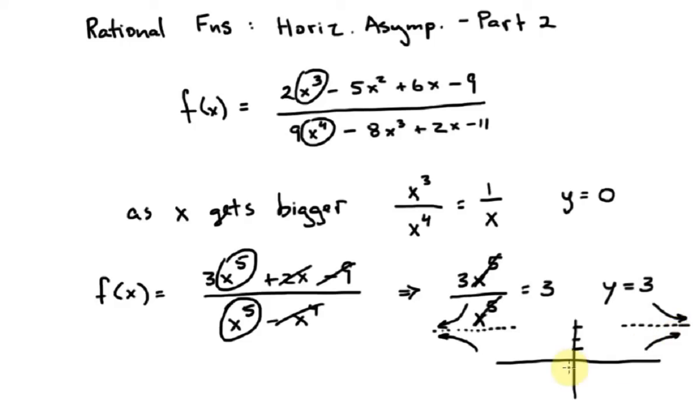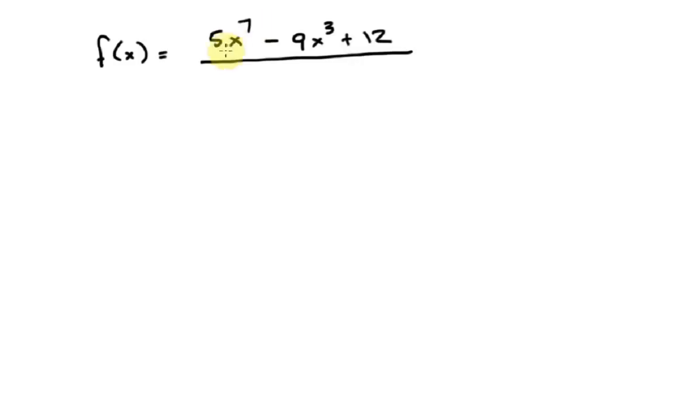Let's just do one more and then we're probably good with horizontal asymptotes. So let's look at a function that might have something like this. Maybe we've got 5x to the 7 minus 9x cubed plus 12. And again, we don't really care. The moment we determine that's what's dominating, that's all we're really looking at here.